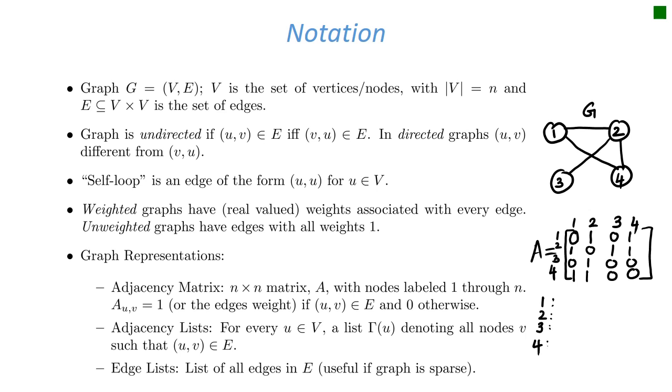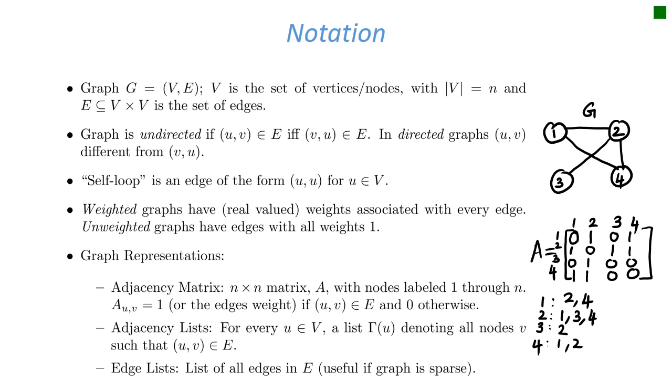And next to each of these nodes, I list all its neighbors. The neighbors of 1 are simply 2 and 4. The neighbors of 2 are 1, 3 and 4. The neighbors of 3 are 2. And the neighbors of 4 are 1 and 2. This would be the adjacency list of this graph G.